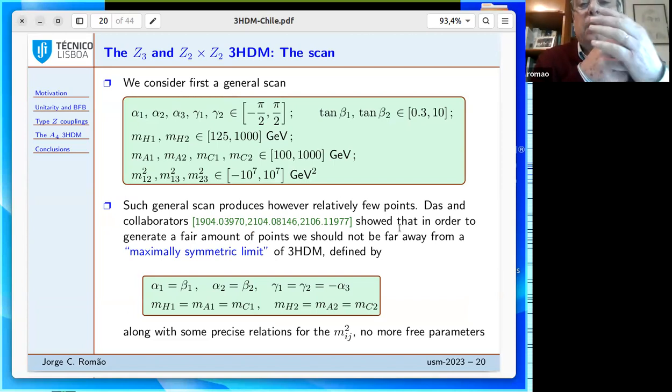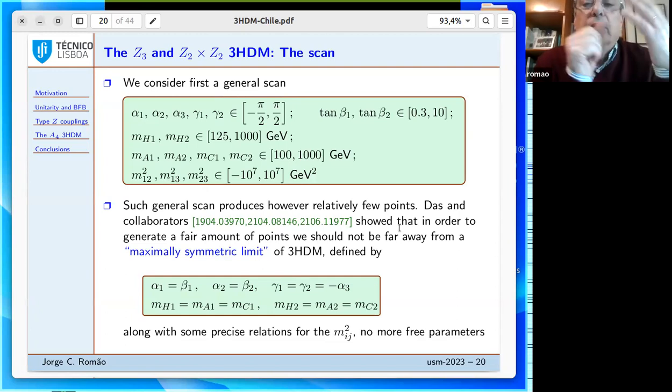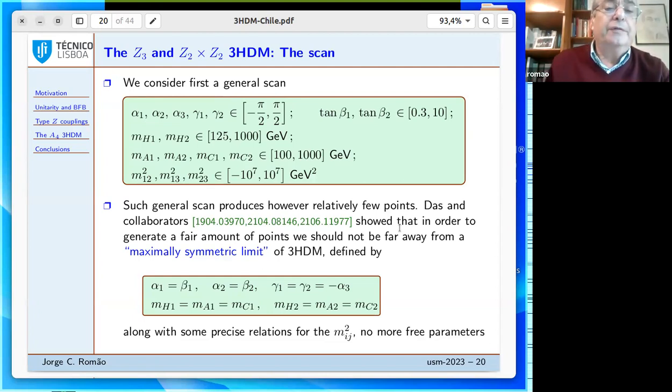You take tangent beta, you don't take from 0 because of some results on B physics, up to 10, or even, I mean, there is no reason to stop at 10, but it turns out that higher values of tangent beta are very fine-tuned. You take the masses up to 1 TeV, and for the soft terms, these are every dimension of mass squared. They can be either positive or negative, and you take between minus 10 to the 7 and plus 10 to the 7.